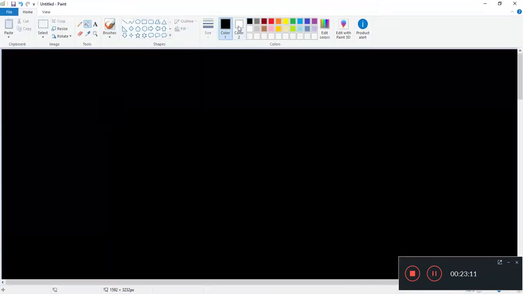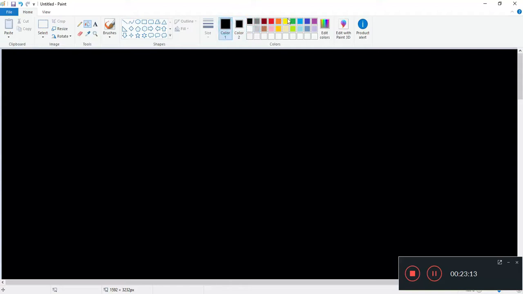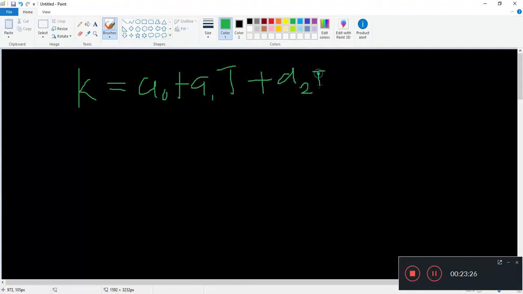Right, so let's say we have the thermal conductivity equals A0 plus A1 T plus A2 T squared plus and so on. Then the last one is A8 T to the 8th.